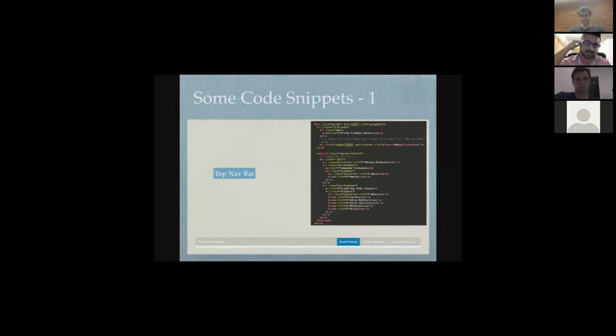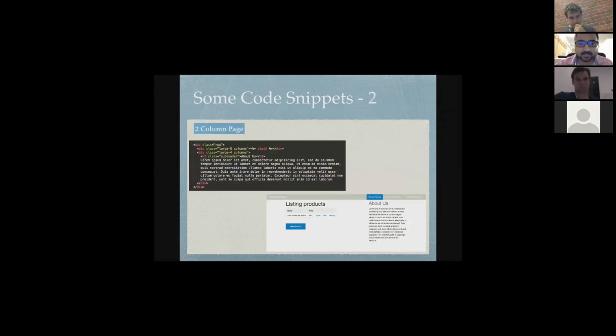Okay, this is a code snippet I was talking about. This is a top navigation bar, and it's very similar to Twitter Bootstrap, and at the bottom you'll see the demo of whatever this code is, and it's very similar, with just a little more customization options they provide.